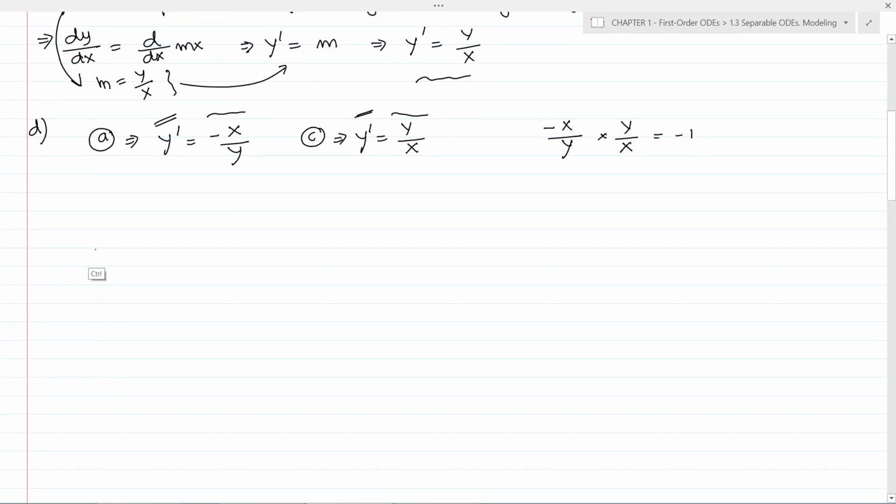From calculus we know that if there are two functions f of x and g of x that intersect each other at any point x0 comma y0, then the angle of intersection is the same as the angle between the tangents of the two curves at that point x0 comma y0.